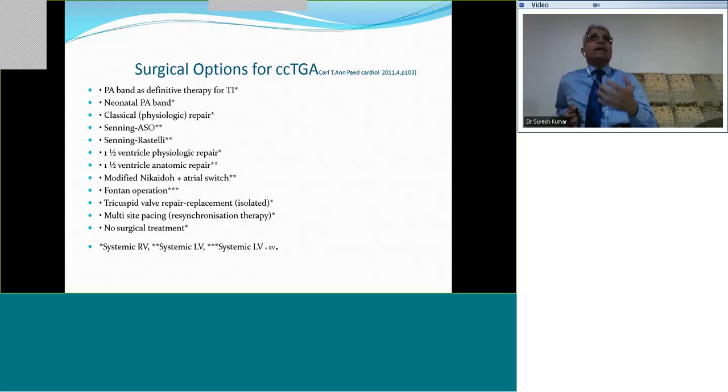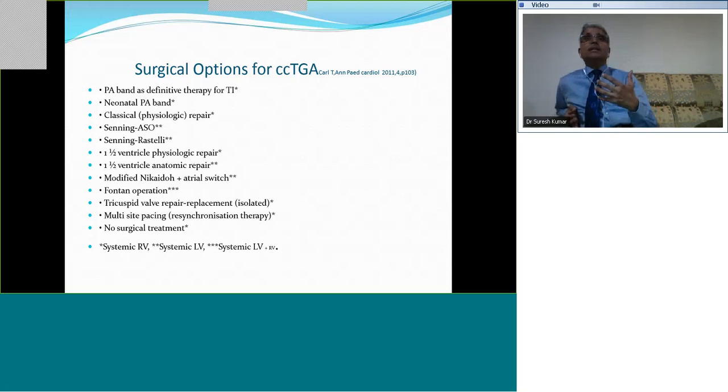You could do it as a 1.5 ventricle repair, either physiologic or anatomic. Following a physiologic repair, if you add a Glenn, it becomes a 1.5 ventricle repair. Following an anatomic repair, if you want to add a Glenn, that also becomes a 1.5 ventricle repair. Some surgeons prefer the root translocation, Nikaidoh. So Nikaidoh, along with an atrial switch, is also an anatomic repair.